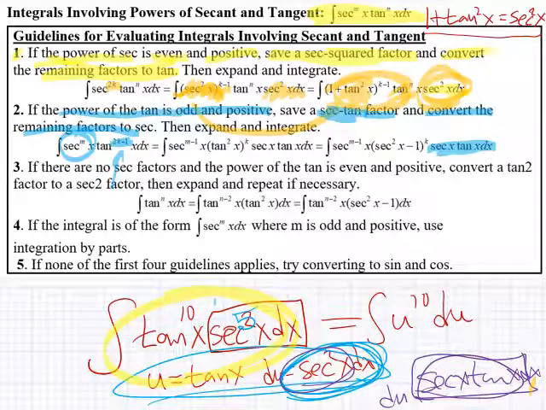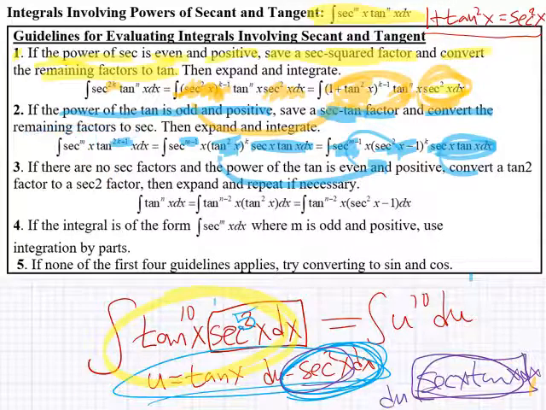So that means the secant is now one less than it was before. The leftover tans can be written as a square, and so you have a secant tan saved. The tan squared is turned into a secant using the Pythagorean identity. The leftover secants, along with these secants, are all your u. Here's your du, and you're good to go. Those are the most basic ones. Then they start to get a little bit tricky from there, similar to sine and cosine.